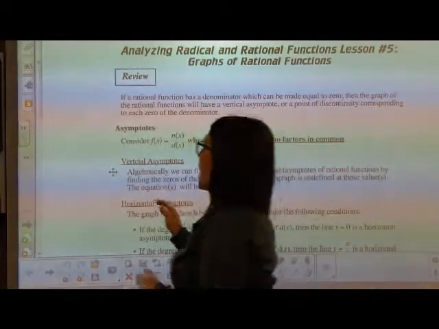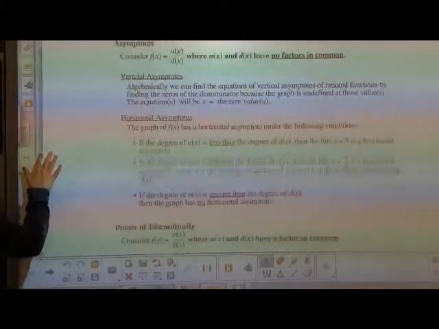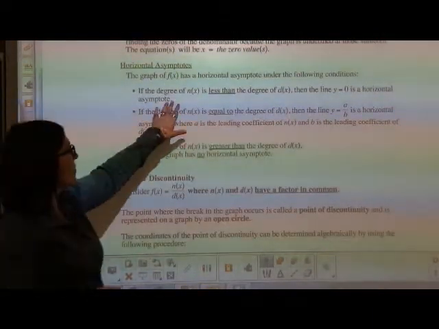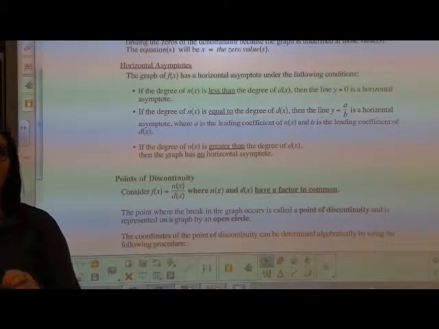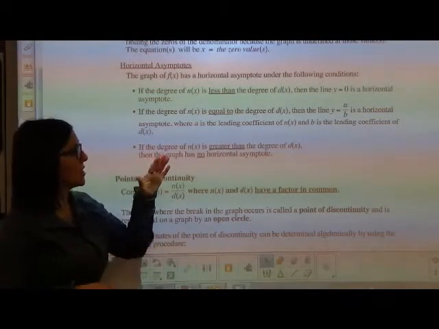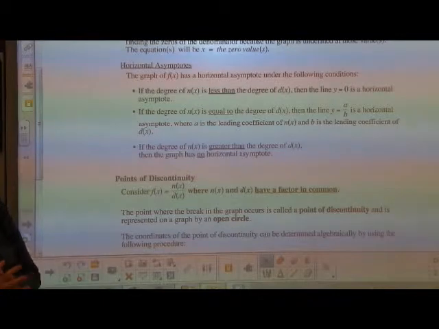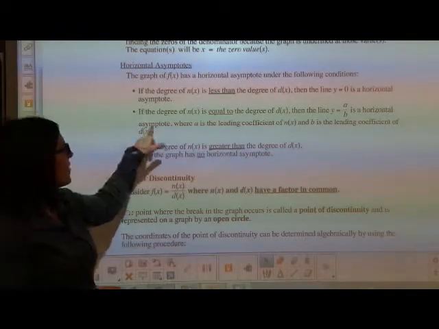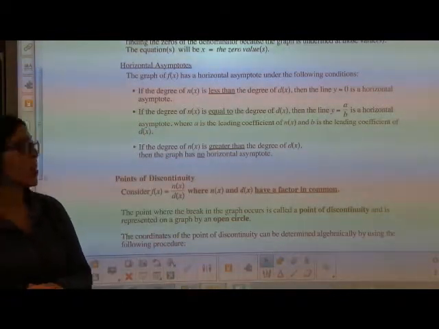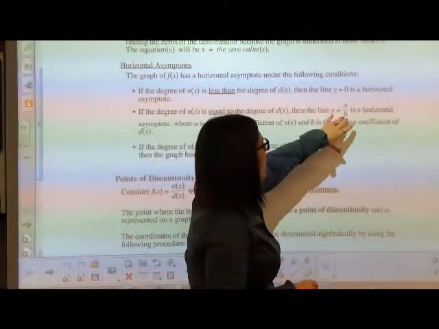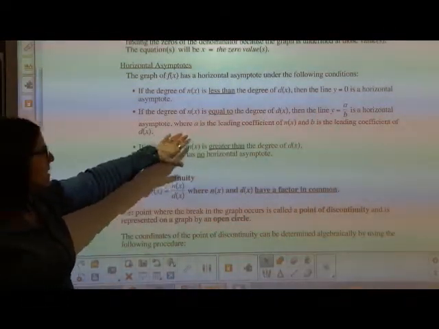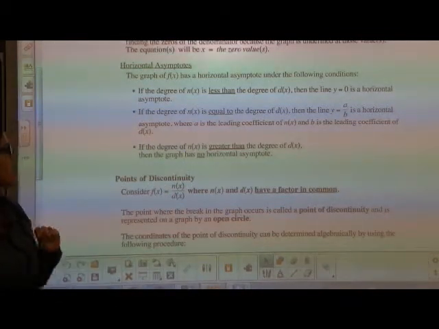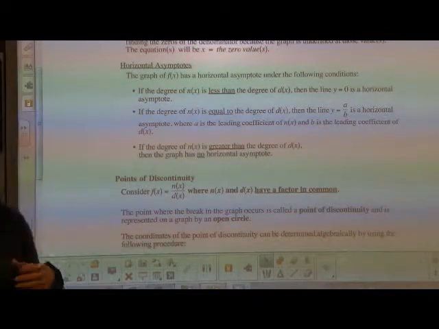The horizontal asymptotes, we look at the degree of the functions. So if the degree of the numerator is less than the degree of the denominator, the x-axis, or line y equals 0, is the horizontal asymptote. If the degrees are equal to each other, then the line a over b, where a is the leading coefficient of the numerator and b is the leading coefficient of the denominator, becomes the asymptote.